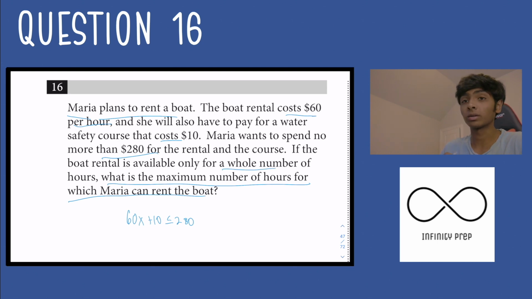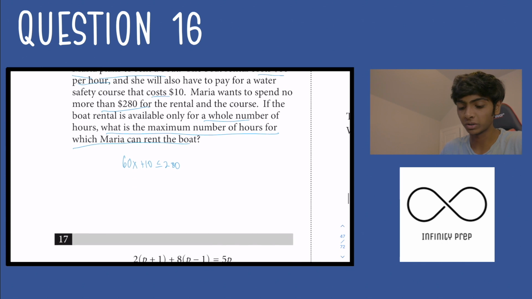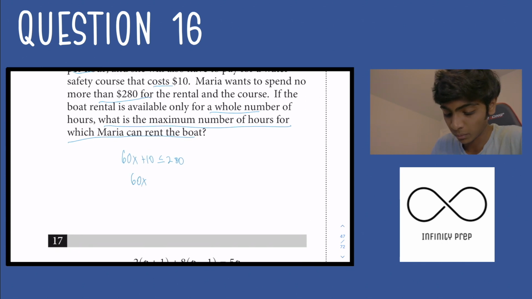So we're looking for the closest whole number, pretty much. So we'll solve this out. We get this, and then we want to divide the 60 out. So we get something like that. So x is going to be greater than or equal to 27 over 6.